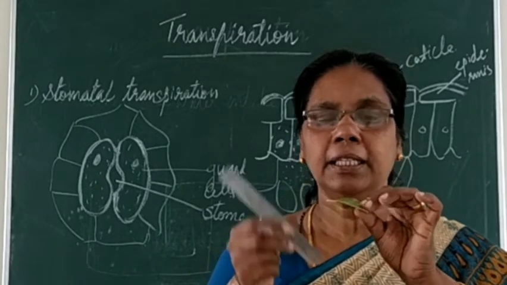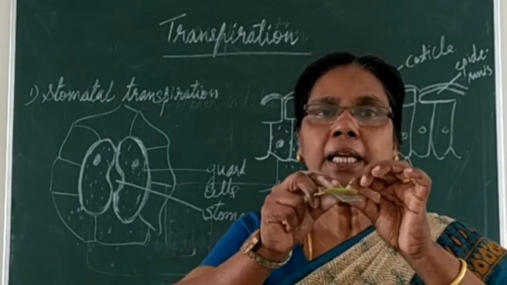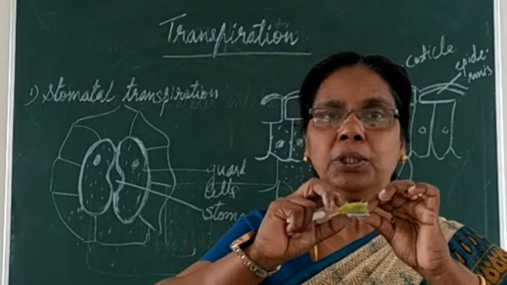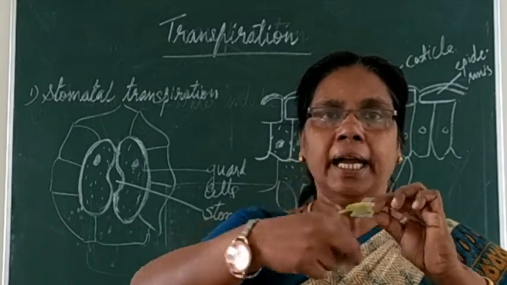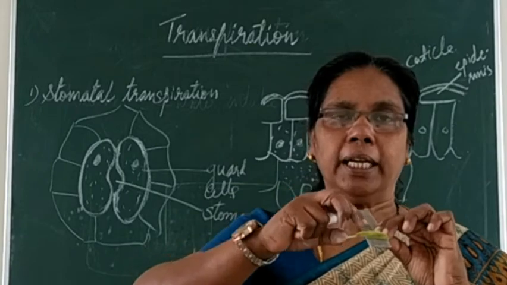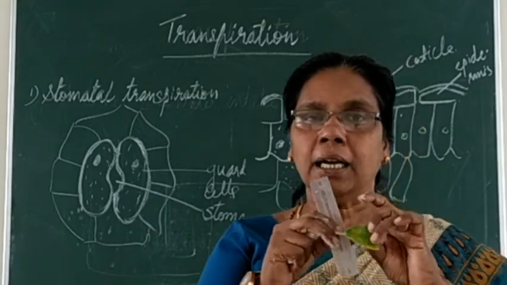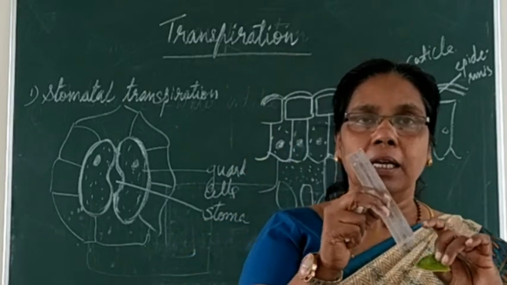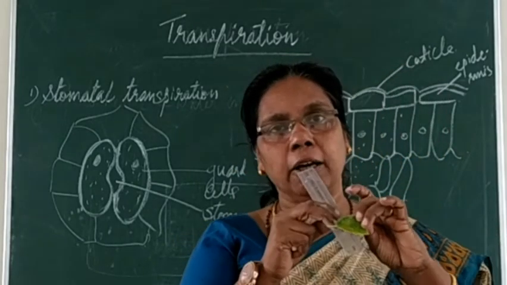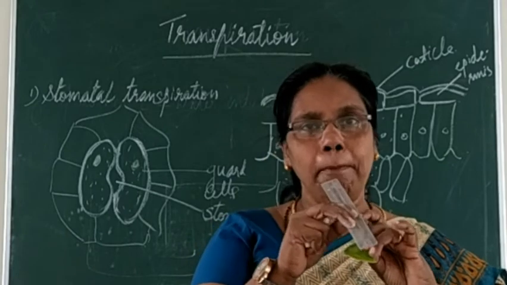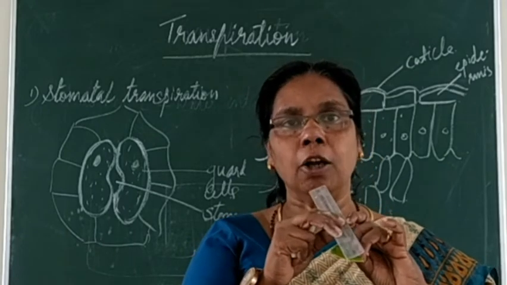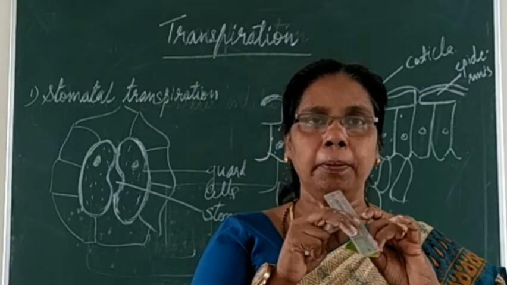The downside also you keep a glass sheet, and using a rubber band you tie it. So both sides have a glass sheet, and the lower surface also has a cobalt chloride paper, and the upper surface also has a cobalt chloride paper.